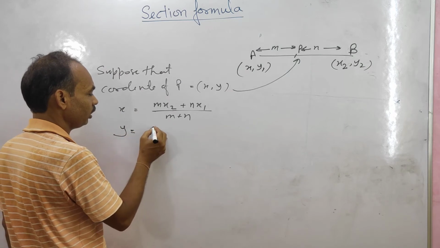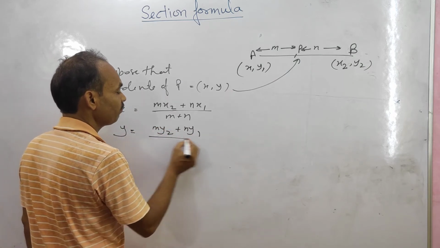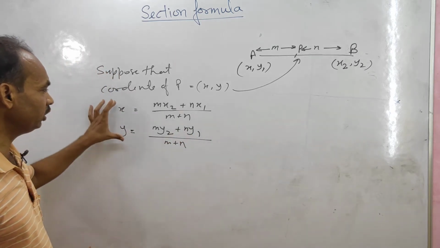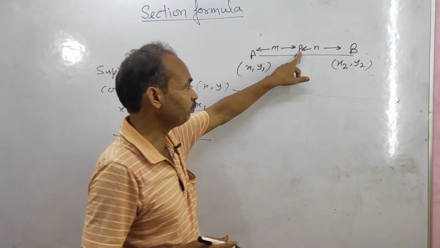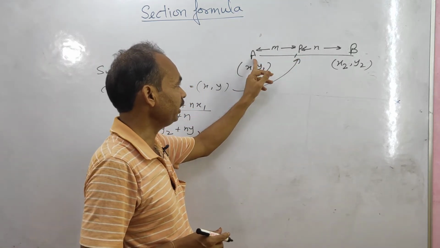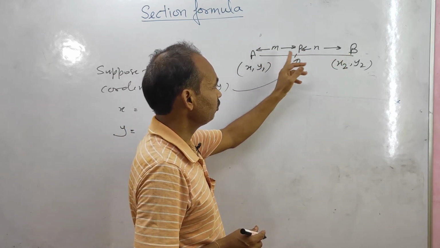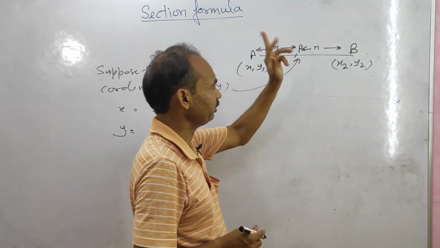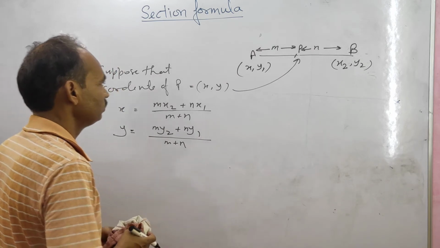Applying a simple formula: (m y2 plus n y1) upon (m plus n). You can easily calculate the values of x and y of point P if points A and B are divided at P in the ratio m:n. It is the section formula.